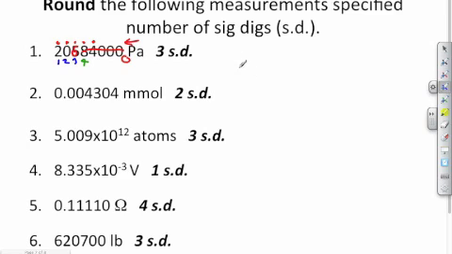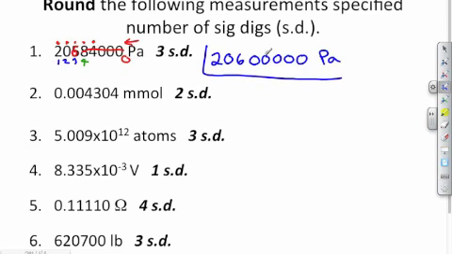So I dropped 5 digits before the decimal, so I'm going to write 206 and then tack on 5 zeros as placeholders. So this measurement rounded to 3 significant digits is 20,600,000 pascals.